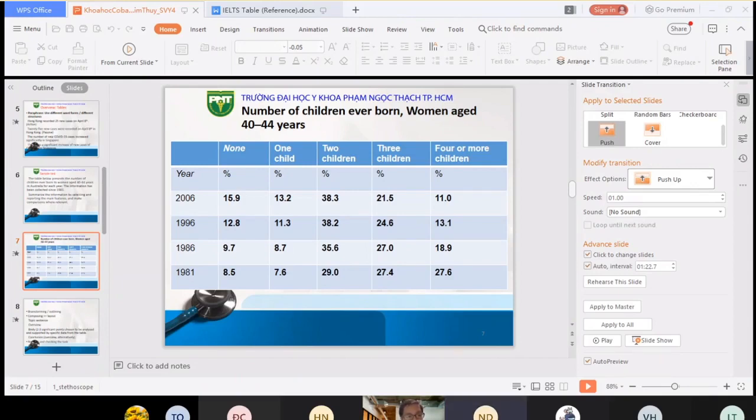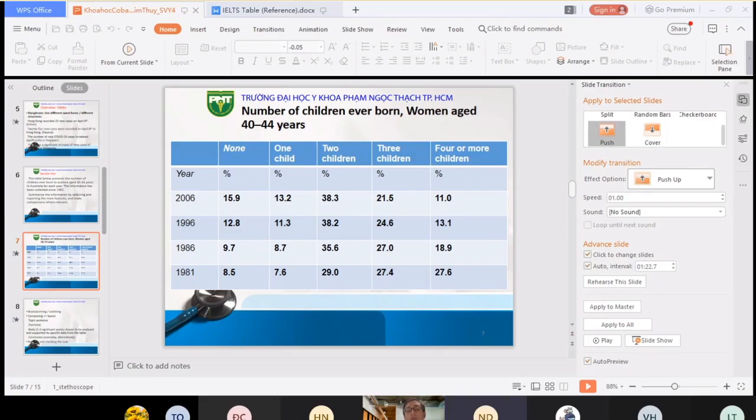Not from 81 to 86. So the gap is 5 years, right? 86 to 96, 10 years. And 1996 to 2006, another 10 years. Yes, okay, that's what I wanted you to notice, right? So the first gap is 5 years and then 10 years, 10 years, okay?